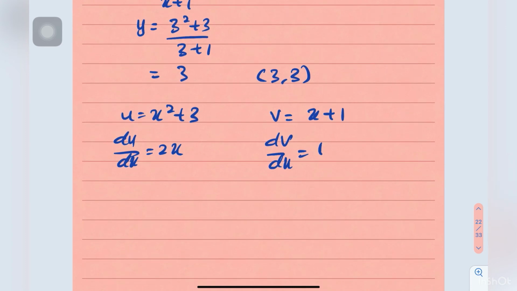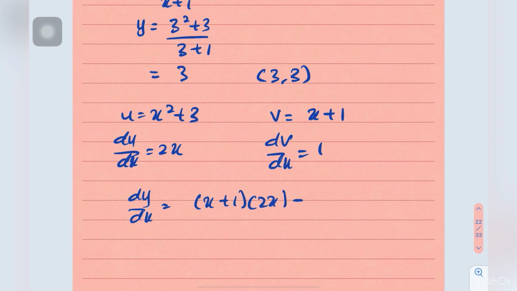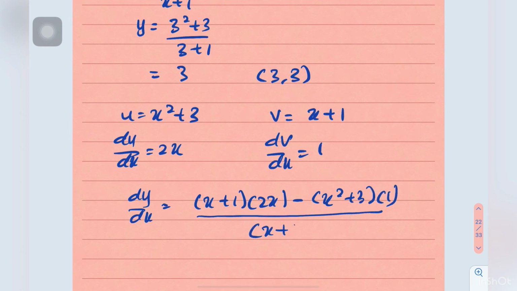Then you use formula of quotient rule: v du dx, so x plus 1 times 2x, minus u dv dx, x squared plus 3 times 1, over v squared.